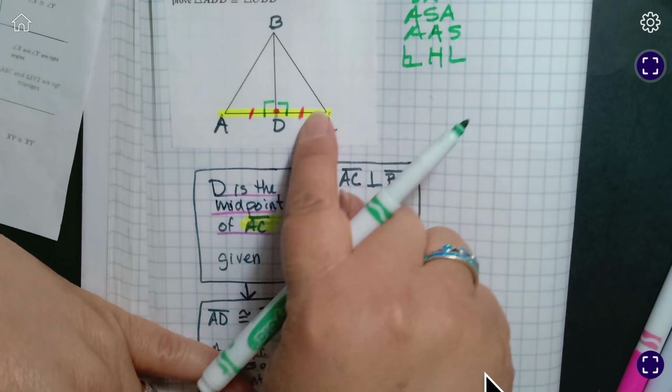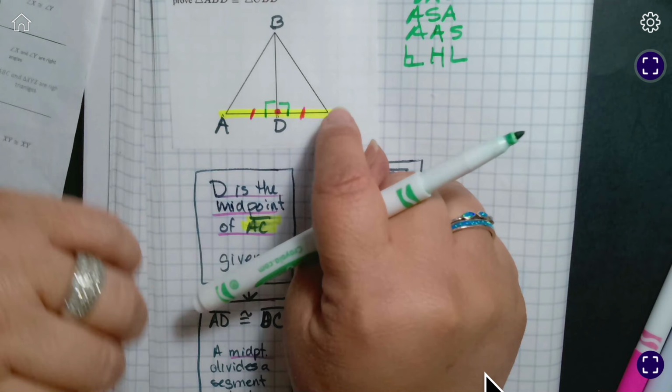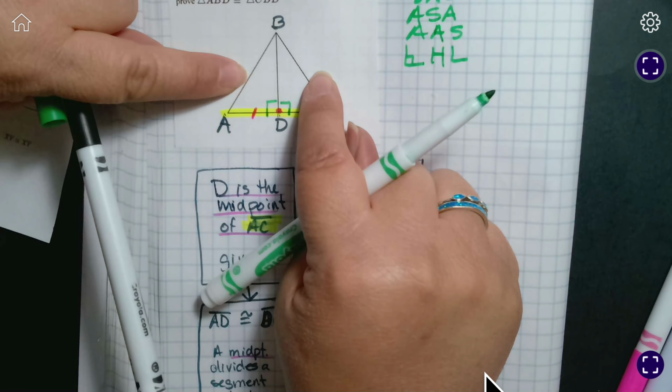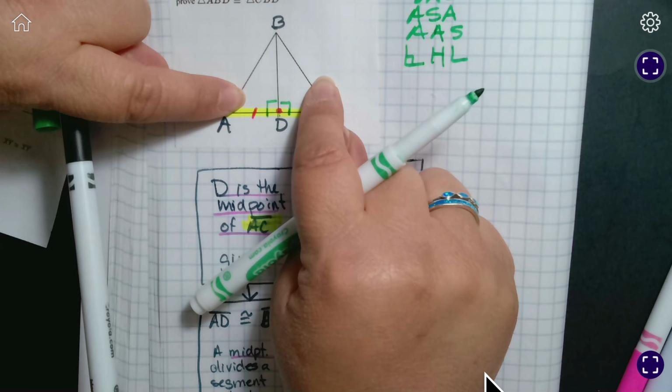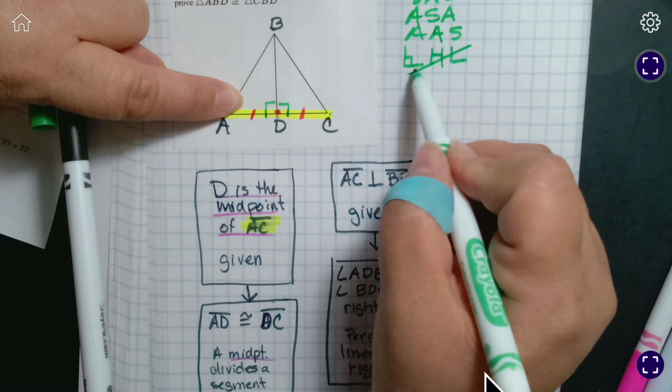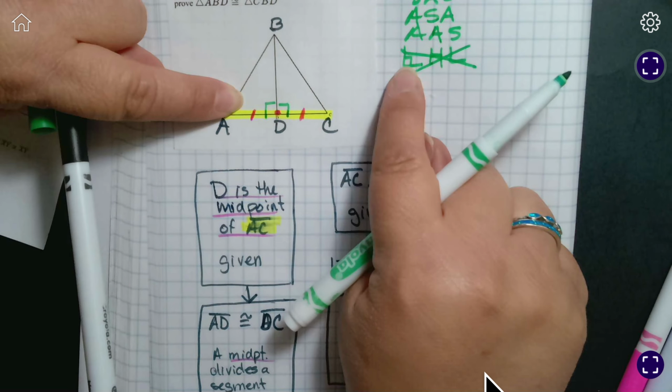So if you look here, this is a hypotenuse. I don't have a way of showing that the hypotenuses are congruent, so it's not going to be this one. So I don't need right triangles.